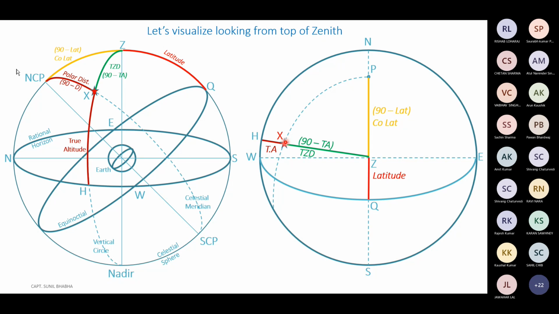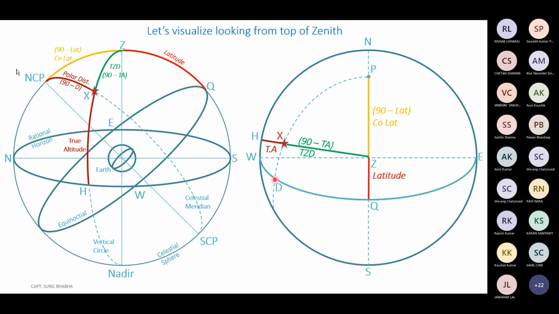So let's draw it. This is how the celestial meridian is going to appear. You see, passing from the pole, going further up to point X, and eventually going up to the rational horizon. This represents the celestial meridian of the body.